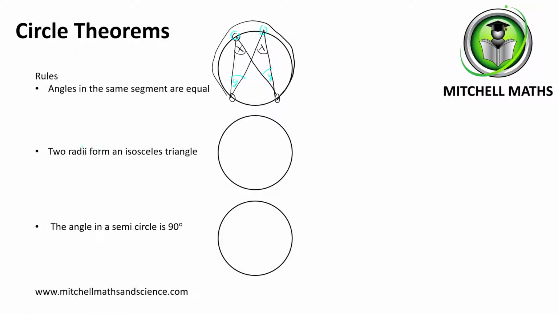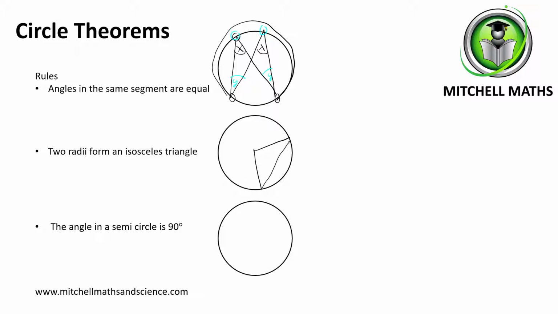The other one is that 2 radii form an isosceles triangle. It's actually quite obvious, but it is one that can quite easily be missed. What we mean by 2 radii is if we have the centre of the circle and 2 lines going to the circumference, that'll obviously be the radius, and wherever the radius is on the circle, it's always going to be the same.